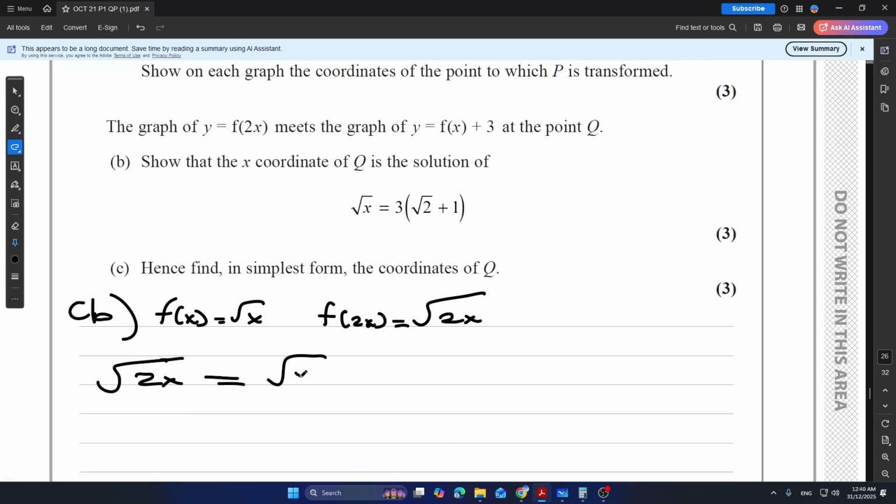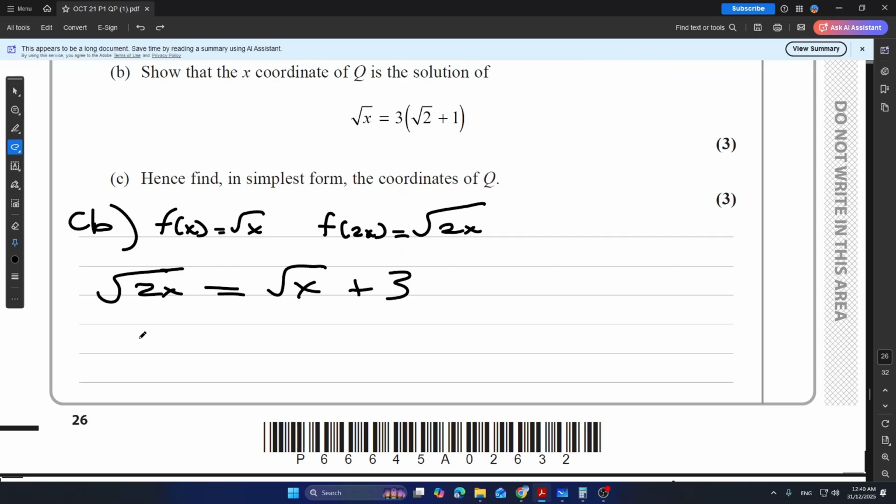So root 2x equals root x plus 3. First I'm going to take like terms to the same side, so root x comes here. So root 2x minus root x equals 3.